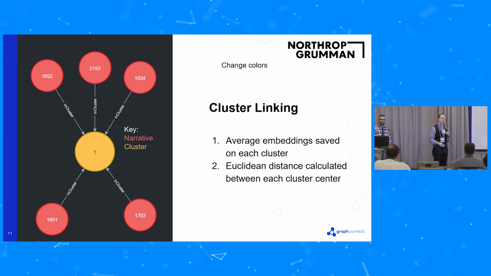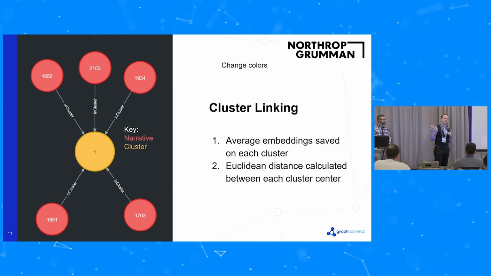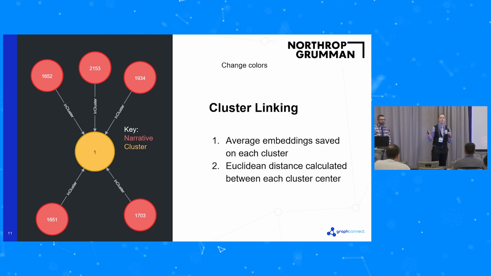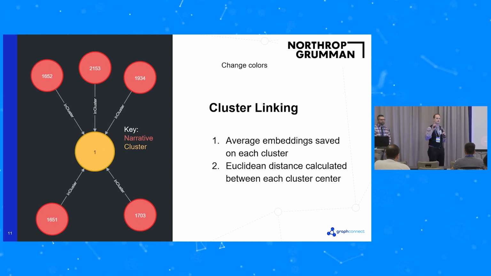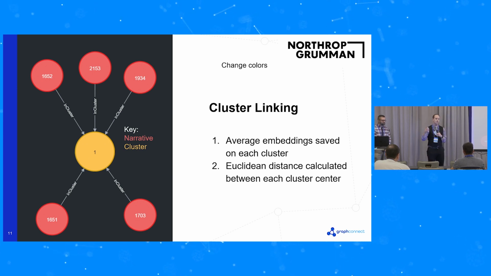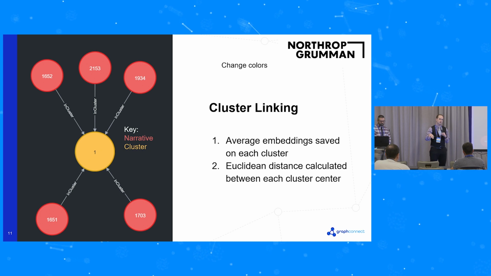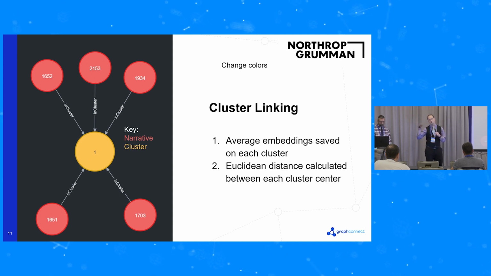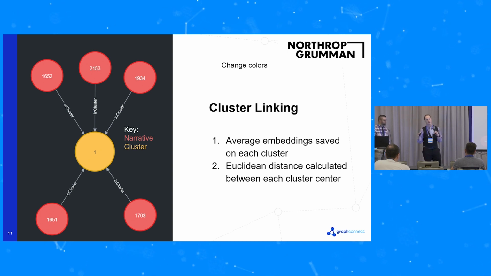For example, in KNN, it makes sense to use the cluster center. We can average all of those embeddings and say this is where that cluster center is located. Then you can take deltas between those cluster centers and the nodes inside of them and ask how tightly clustered these things are.